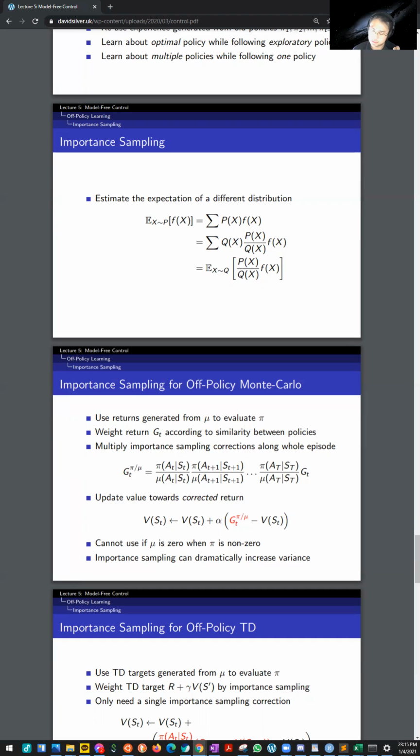In the previous example, the probability distribution of interest, P, is now our target policy, the update policy. And the proposed policy, which is more approachable but not our direct interest, Q, is the behavior policy.